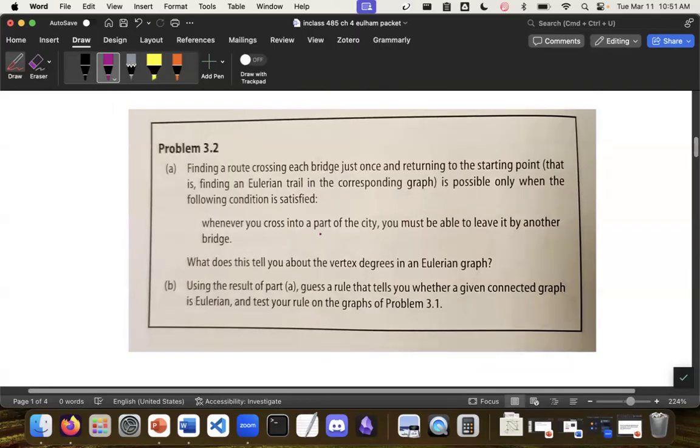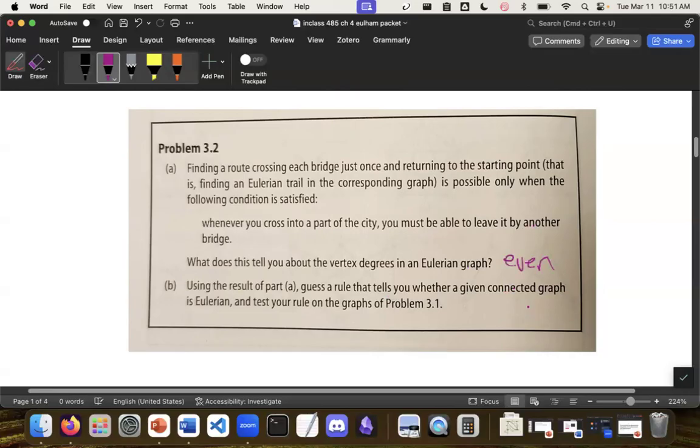Whenever you cross into a part of the city, so into one of the vertices, you must be able to leave it by another bridge. And so the question is, what does this tell you about the degrees in an Eulerian graph? We've talked about this. Yeah, it's got to be even.